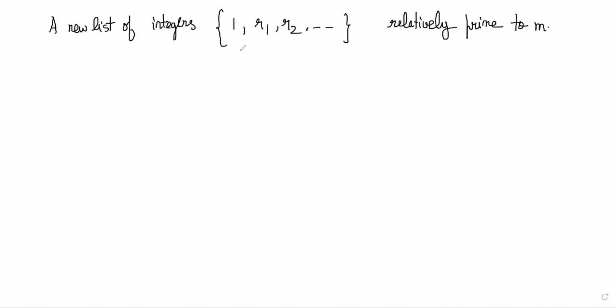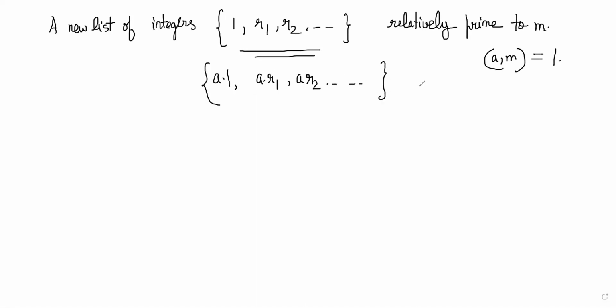Therefore, if these integers are relatively prime to m and a and m have GCD equal to 1, then a times 1, a times r1, a times r2, and so on will also be relatively prime to m, because this list of integers was those integers which were prime to m.